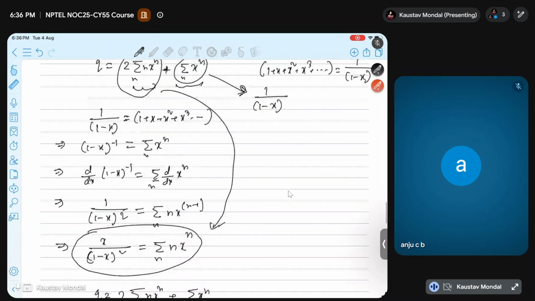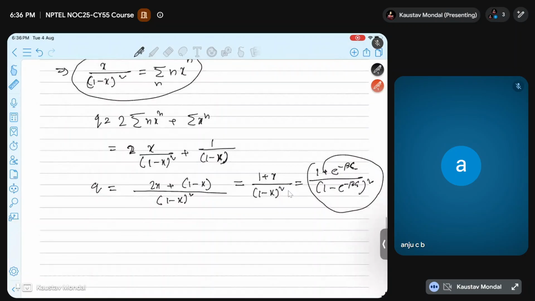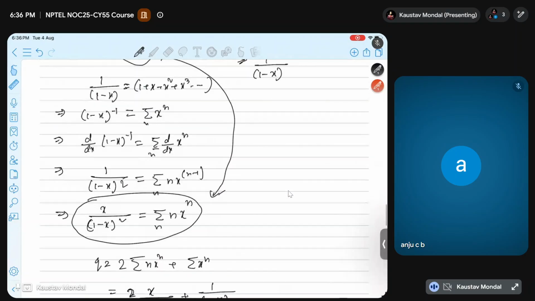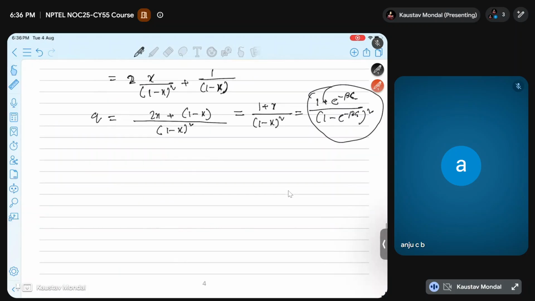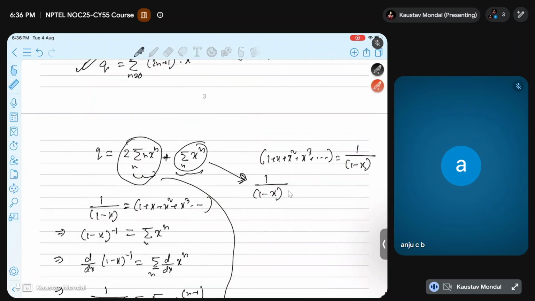The first one you can either remember or calculate, whichever way. By substituting those two closed forms, you will get the answer, which is basically the expression of the total partition function. Okay, so this problem is done.